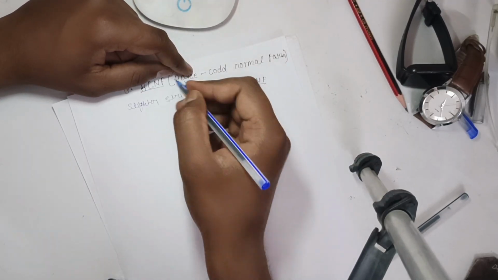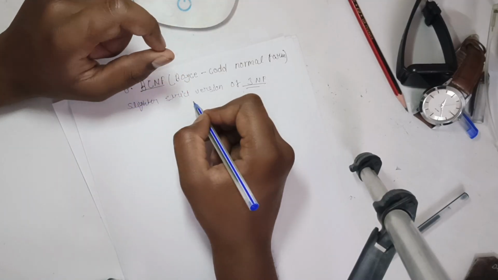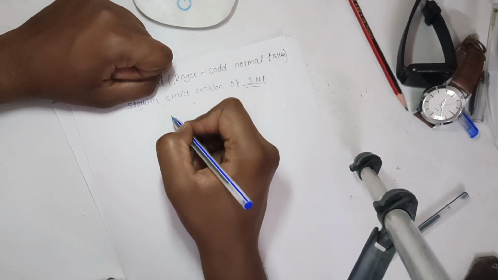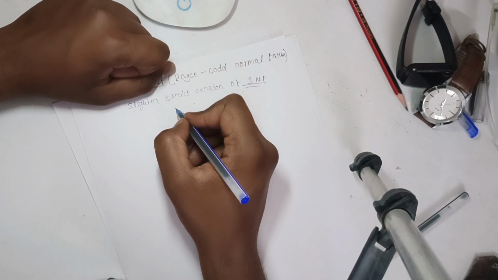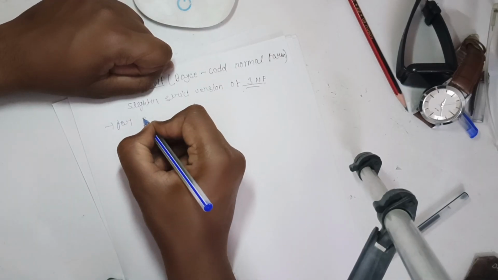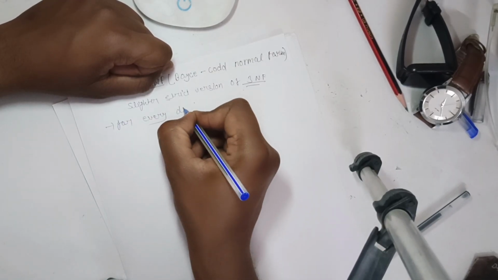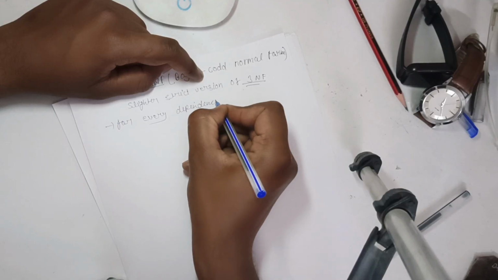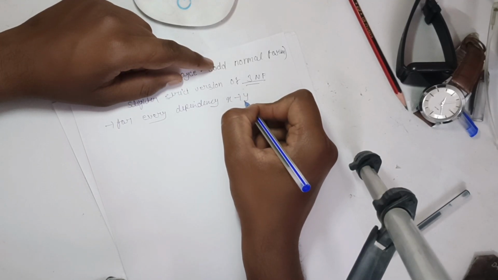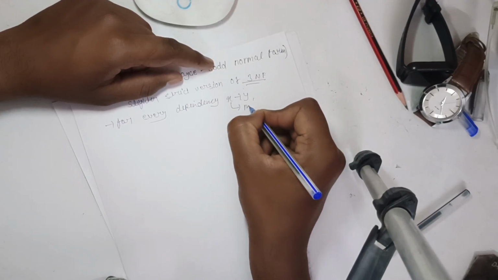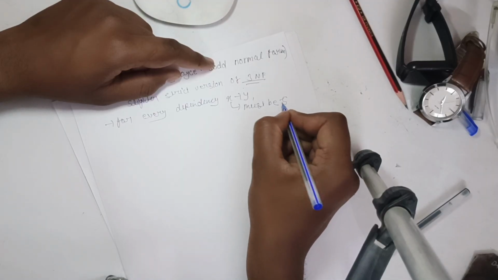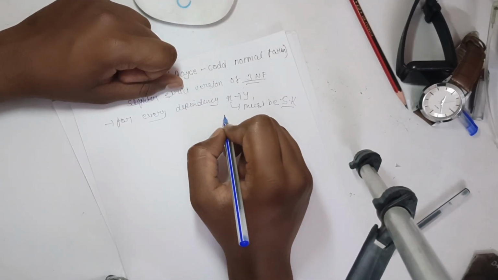So what do I mean? As you know, the condition of third normal form was: first of all it should be 2NF plus no transitive dependency. Now, for every dependency X tends to Y, X must be a super key.